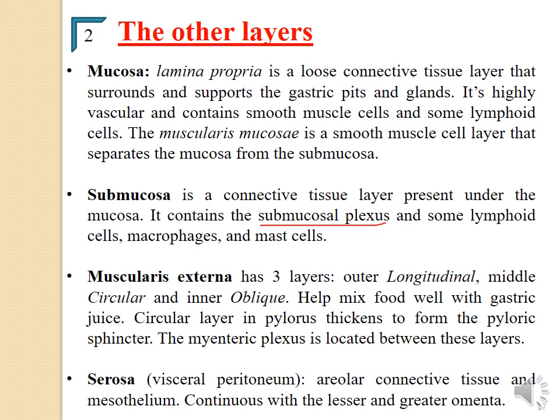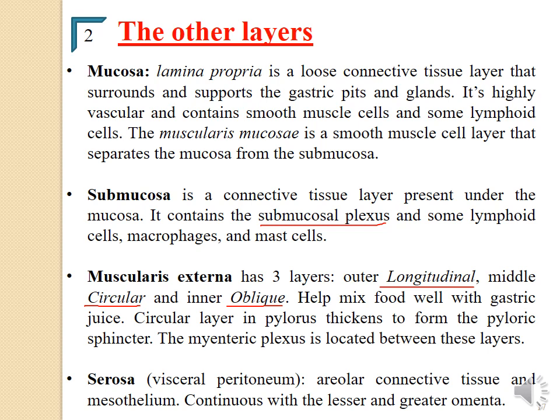Muscularis externa, the third layer of the gastric wall. It has three sublayers of muscle: an outer longitudinal, a middle circular, and an inner oblique layer. So we have an outer longitudinal muscle layer, a middle circular muscle layer, and an inner oblique muscle layer. Why do we have three sublayers of muscles in the muscularis externa?